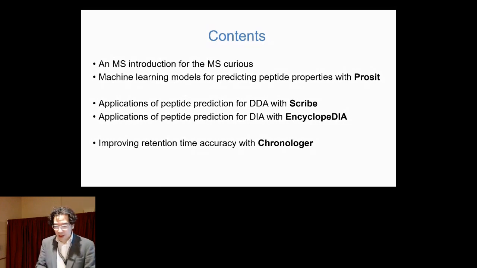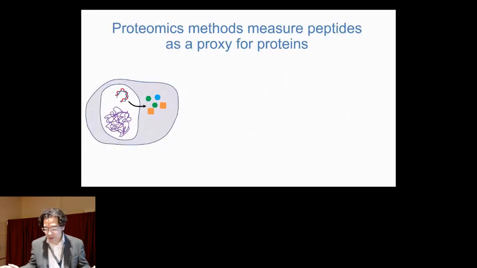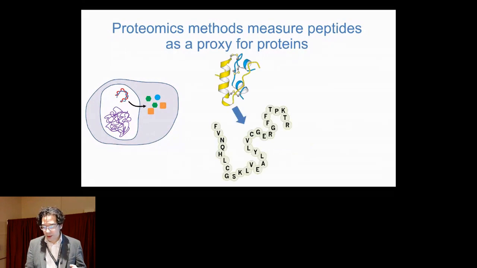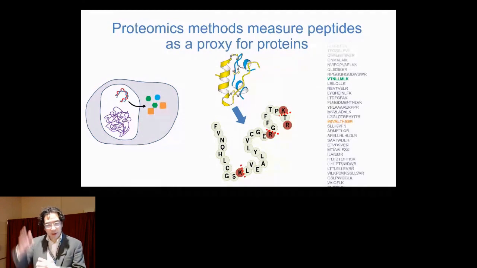So just to get everyone on the same page, proteomics is a method to measure peptides as a proxy for proteins. So we don't actually measure proteins directly, except we will see some discussion of that later on in the session. But in general, we're measuring proteins that have been linearized, cut with digestion enzymes, and then categorically measured.